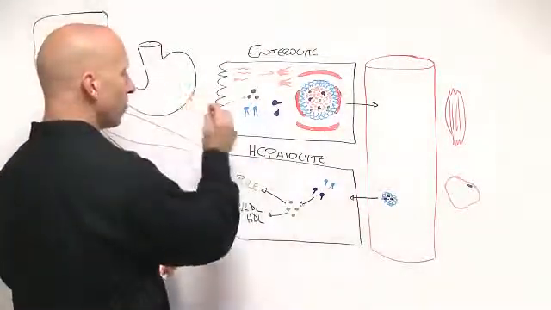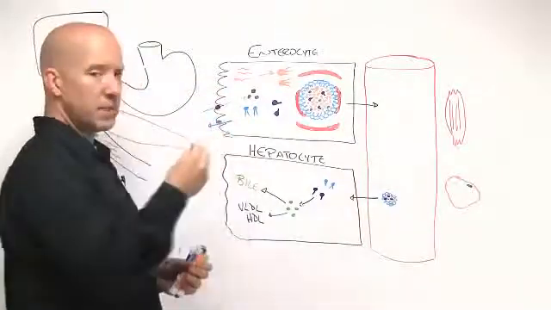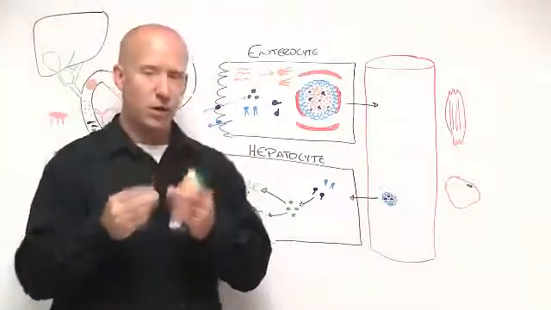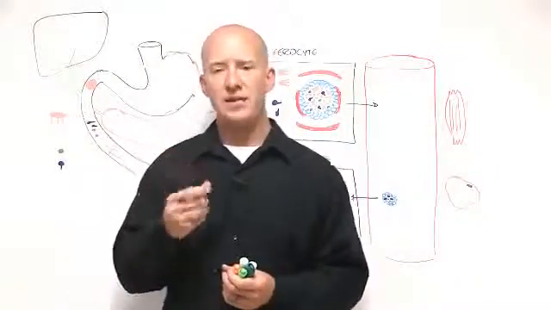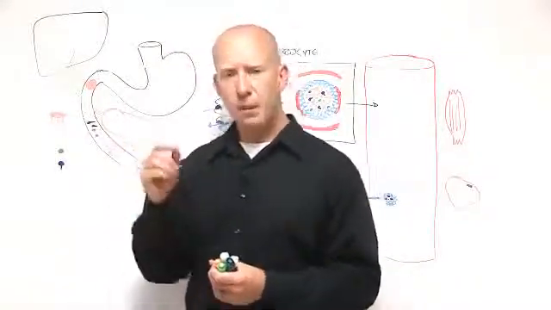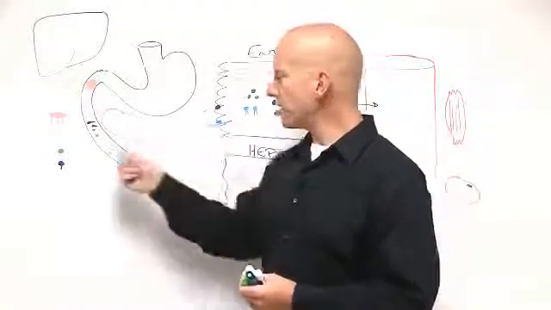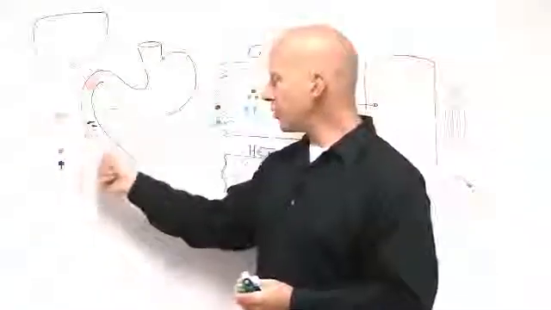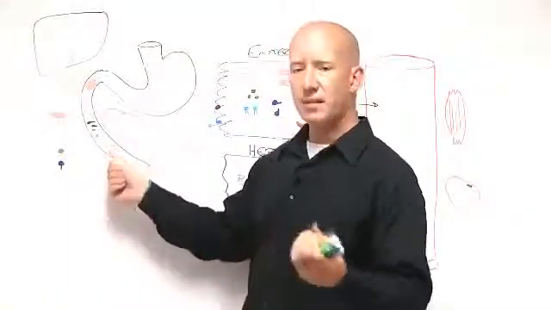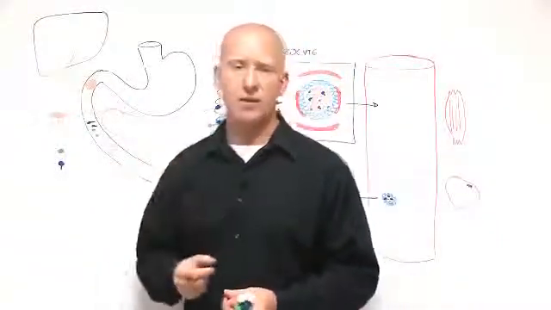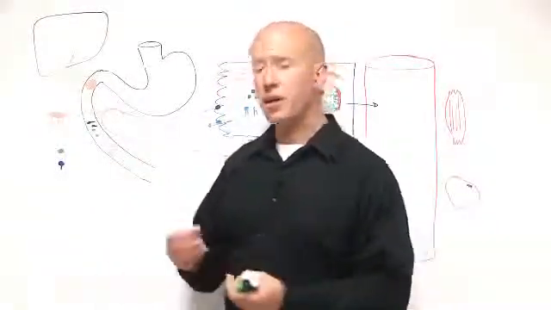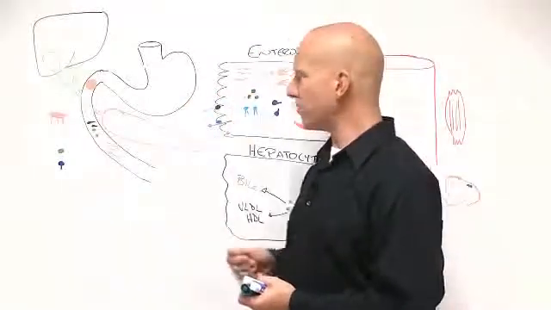In order to absorb the triglycerides, they need to be broken down into their smaller components. Because a triglyceride, or triacylglycerol, is three fatty acids and a glycerol backbone, pancreatic lipase breaks it down into free fatty acids and sometimes a monoglycerol, which is just a single fatty acid attached to that glycerol. Now they're small enough to be absorbed into the enterocyte.